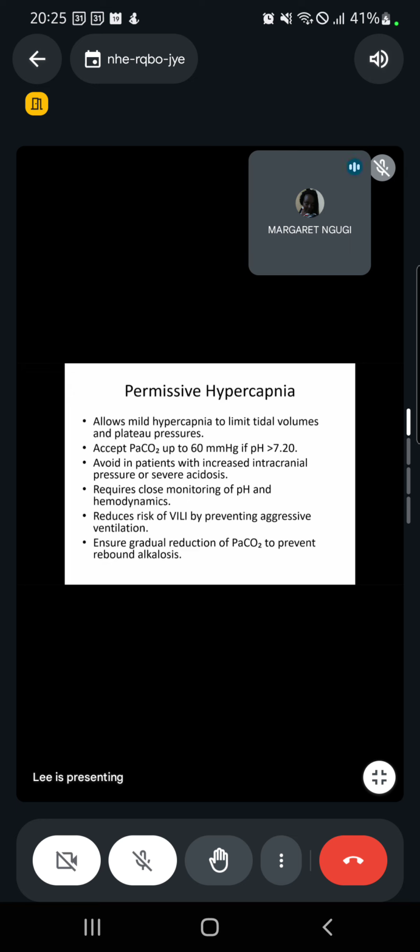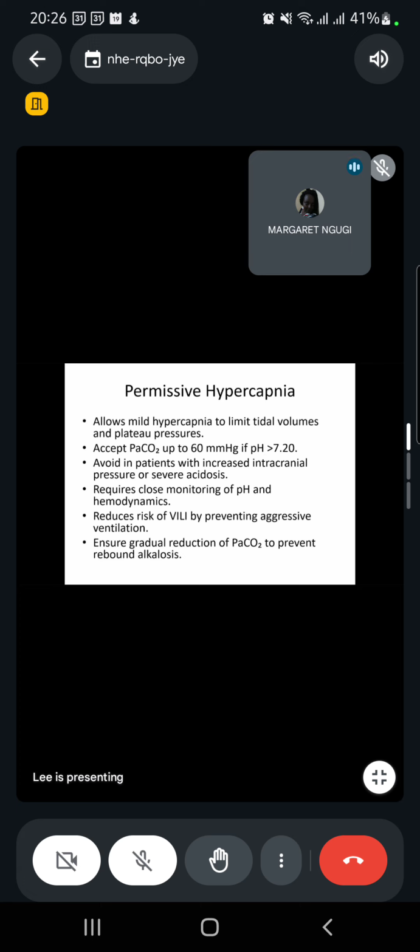When you're increasing the respiratory rate, you're giving a low volume, because at the same time you don't want to over distend. And when you increase the respiratory rate, you want to increase the gaseous exchange. That's why you are doing the permissive hypercapnia. It allows mild hypercapnia to limit the tidal volumes, and you want to increase the gaseous exchange.